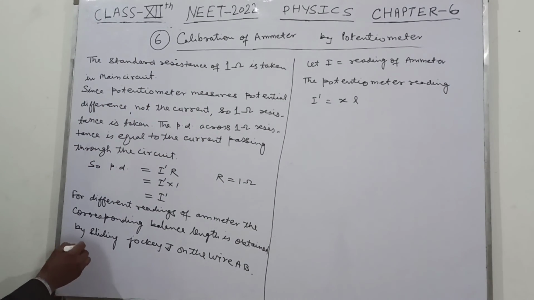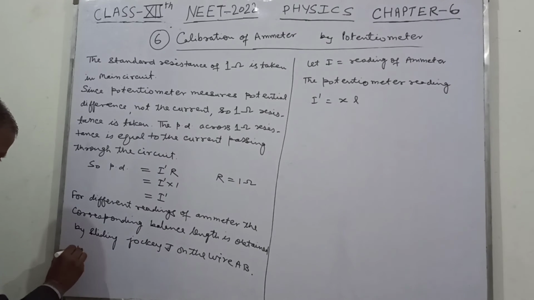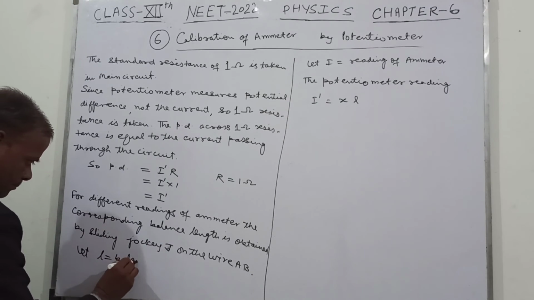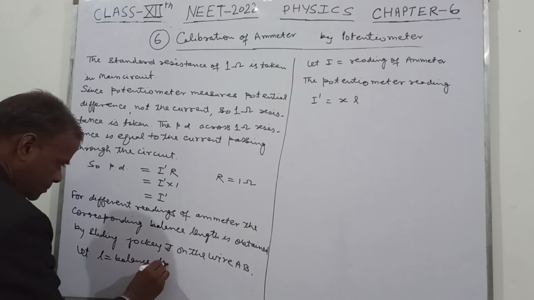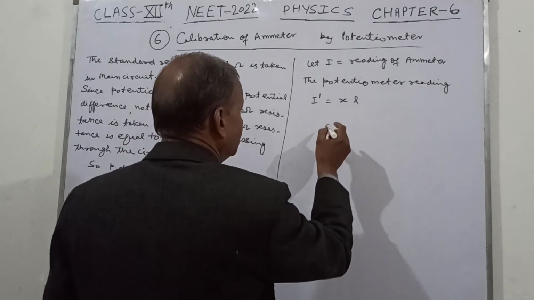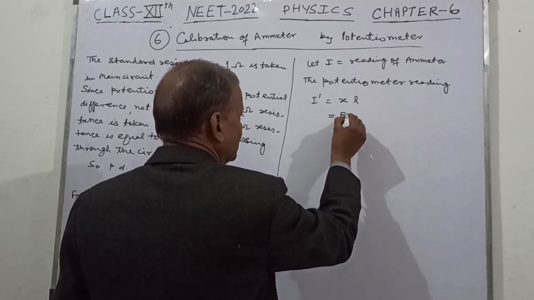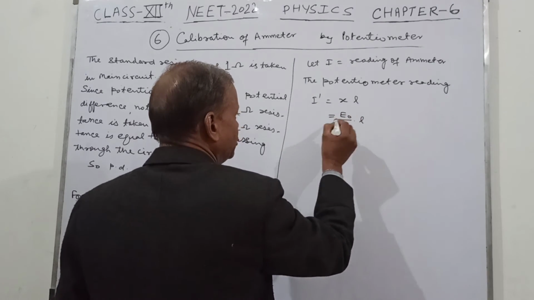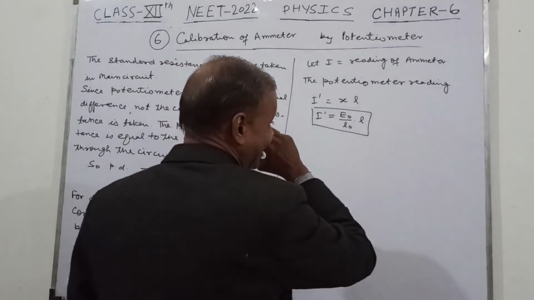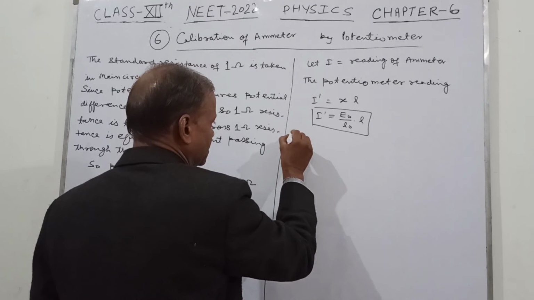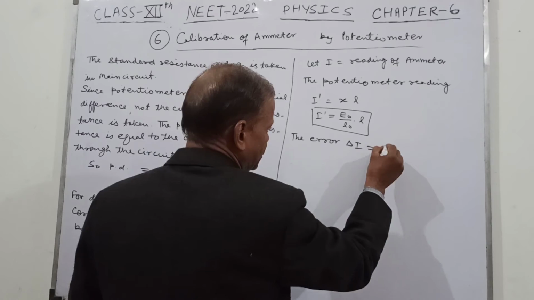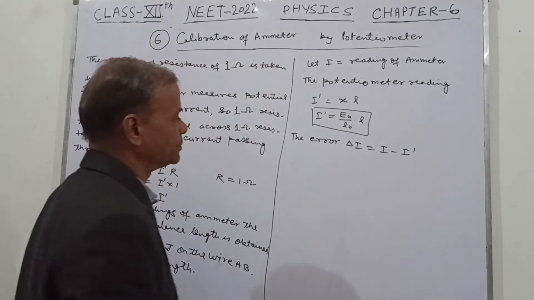So let L equal to balance length. So we have E naught upon L naught into L, this is equal to I dash. Then the error delta I is equal to I minus I dash.